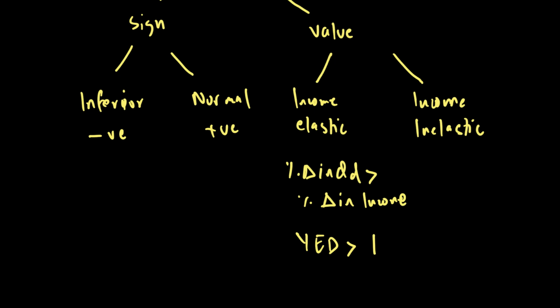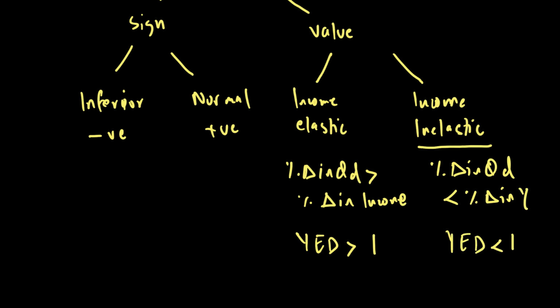On the other hand, if the value is less than 1, then we're looking at an income inelastic good. In other words, if the percentage change in quantity demanded is less than the percentage change in income, we're looking at the value of YD to be less than 1. And I'm ignoring, of course, the minus sign.